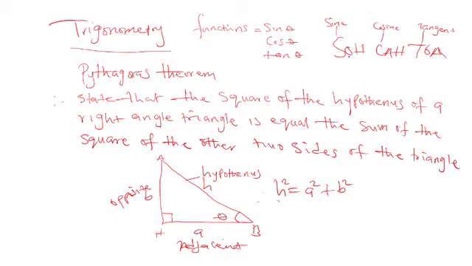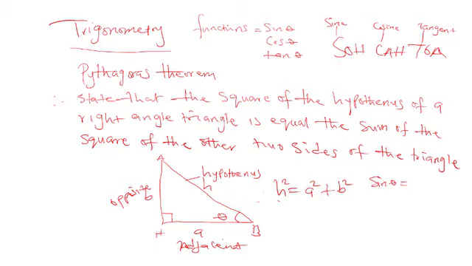If you apply this, sine is opposite over hypotenuse. Cos is adjacent, which is A, over hypotenuse, which is H. Then tan is opposite over adjacent, which is B over A. So if I should tell you to give me the value of sine theta, you come to SOH CAH TOA.